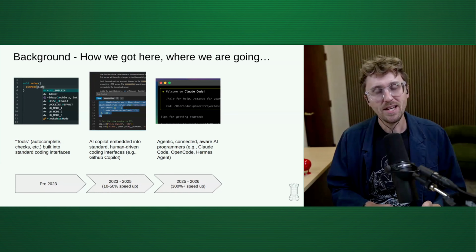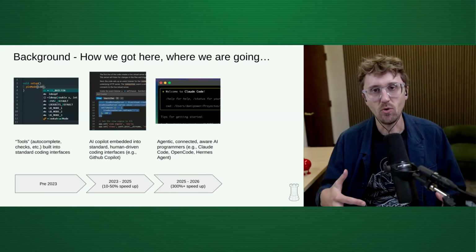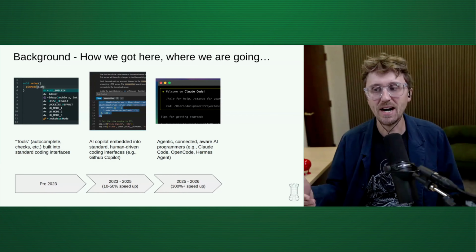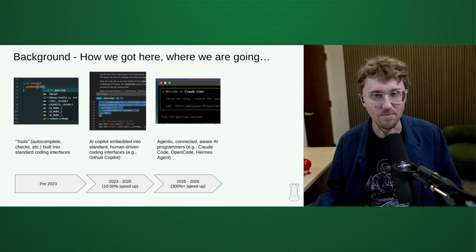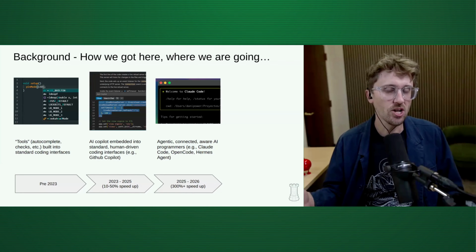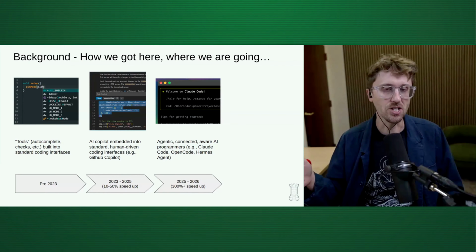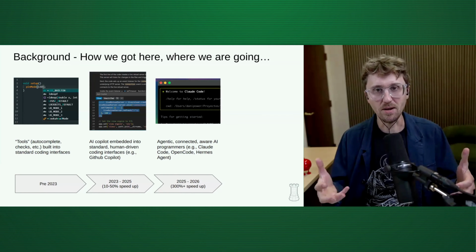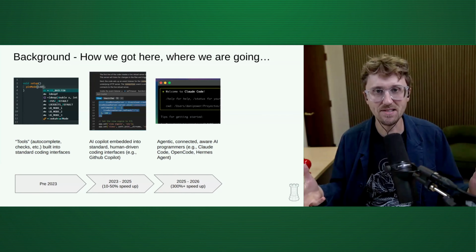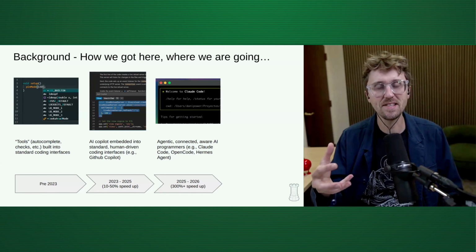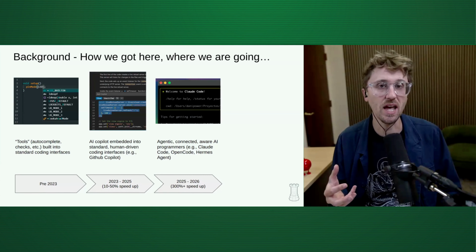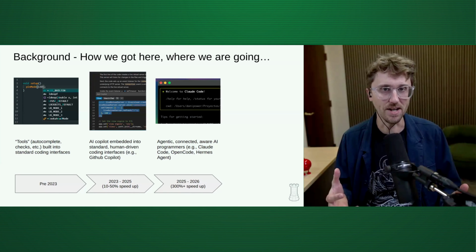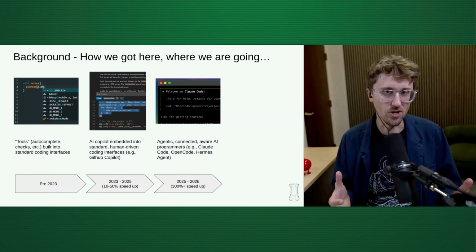However, it didn't really shift the order of magnitude of developer speed until we got into more recent times with things like Claude Code, Open Code, Hermes Agent, etc. These are more autonomous agentic coding assistants. And the idea is that these coding agents live in your local development environment, local to your machine.